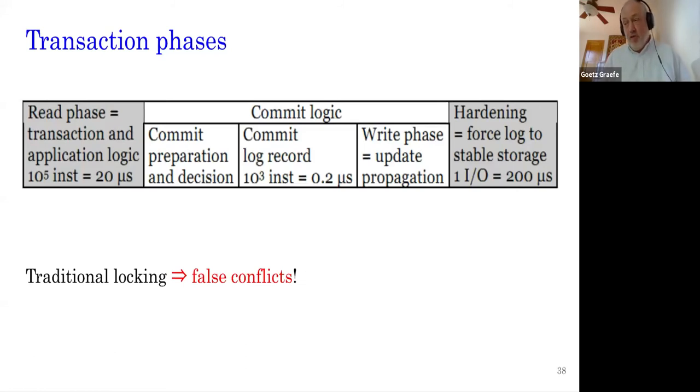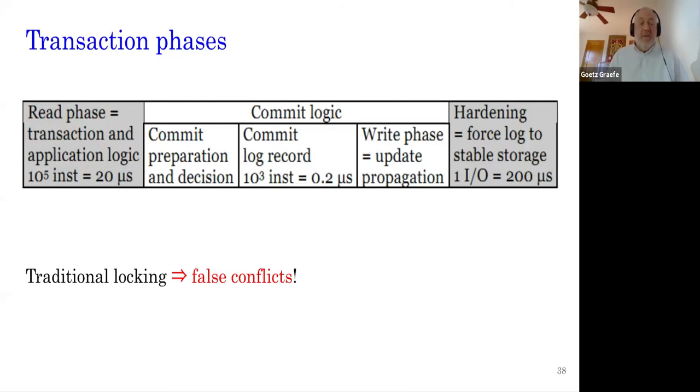If you write to a disk, of course, it's a lot longer. The application logic is the second longest phase, and that's why those two phases are shaded, to focus on that, whereas the commit logic usually is very short.